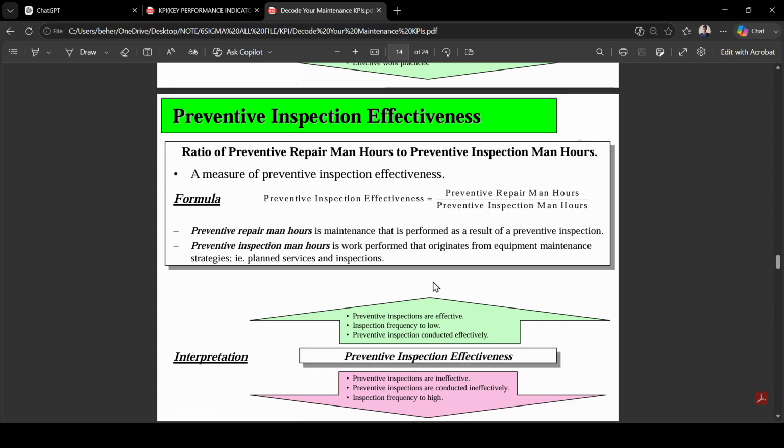Preventive repair man hours is maintenance that is performed as a result of a preventive inspection. Preventive inspection man hours is the work performed that originates from the equipment maintenance strategy, that is plant services and inspection.